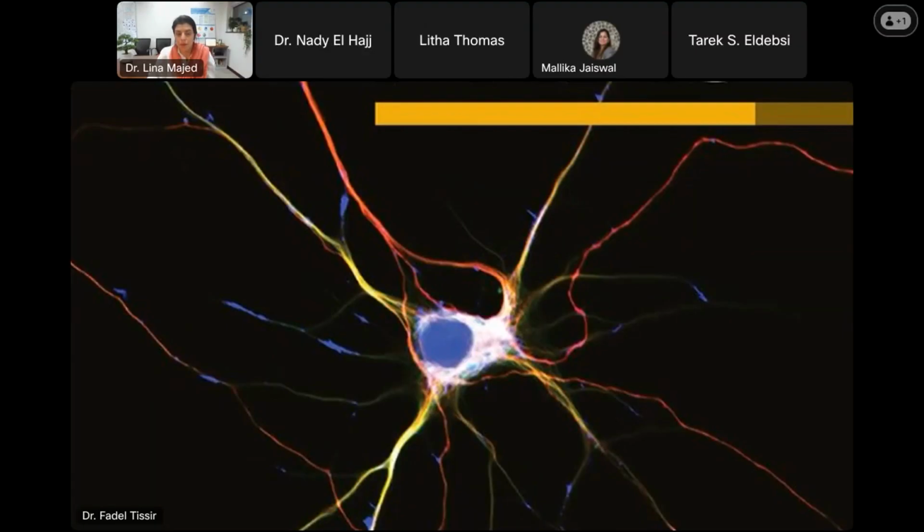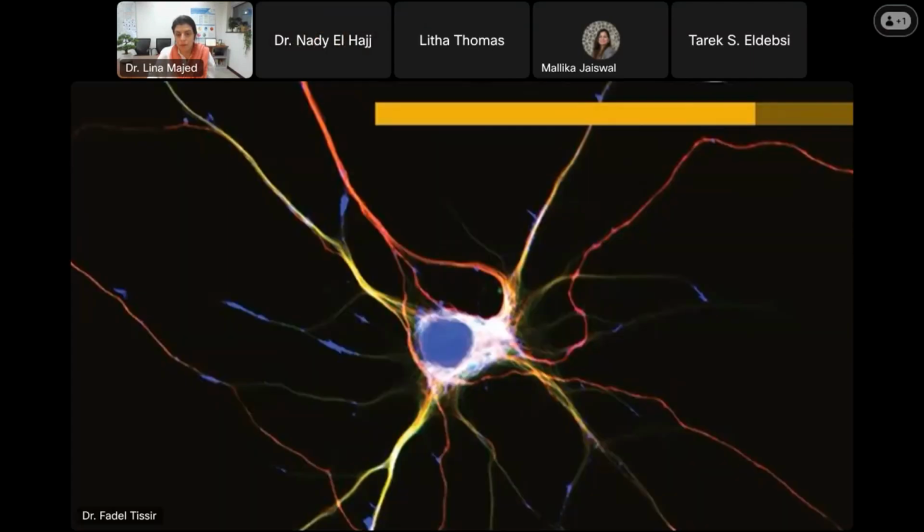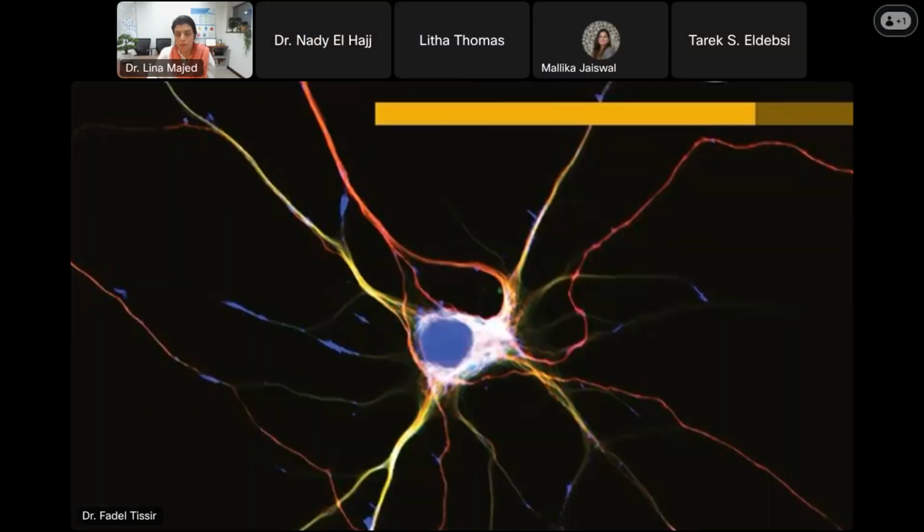Is the camera on, Fadel? Yes, normally it should be, but it didn't start. I don't know why. Did you join from the app or from the web page? It's from the web page. I clicked on the link. It says to change the background in WebEx, go to preferences and select video, but I don't see preferences here.